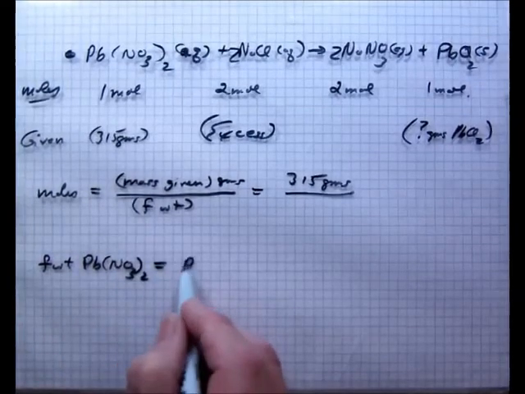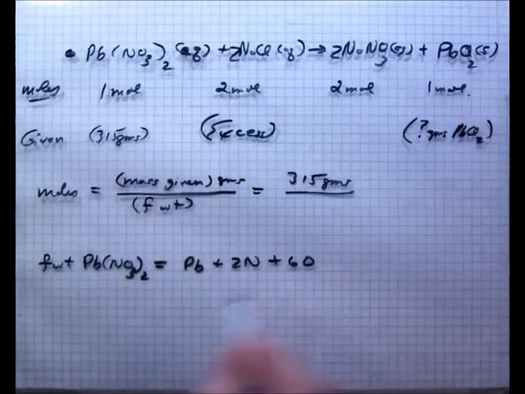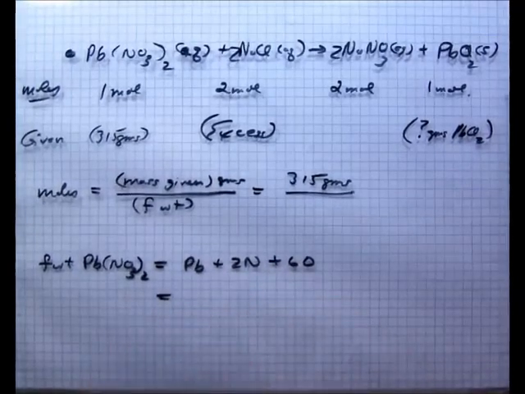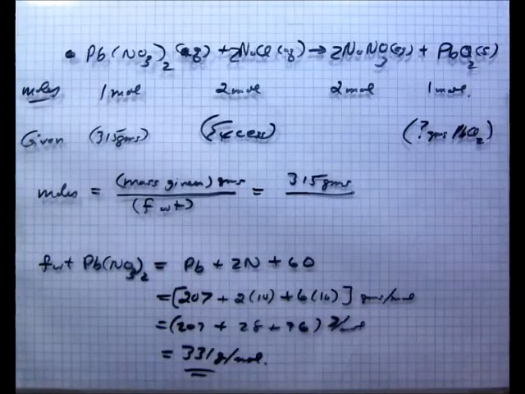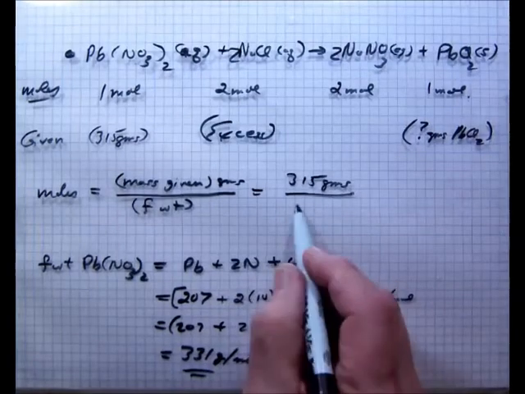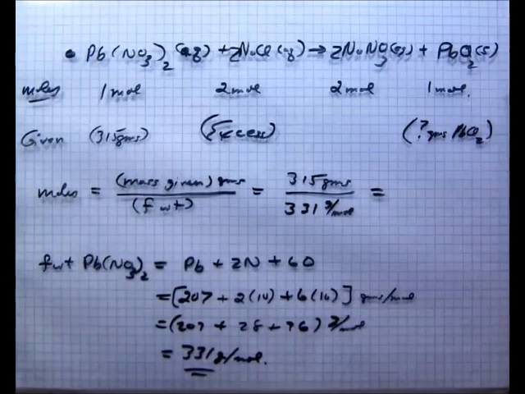Pb(NO3)2 is lead plus 2 nitrogens plus 6 oxygens. And lead, okay, we compute formula weight is 331 grams when we add up all the atomic weights. So we need to now come up here and divide this by 331 grams per mole to get the moles of lead nitrate used.